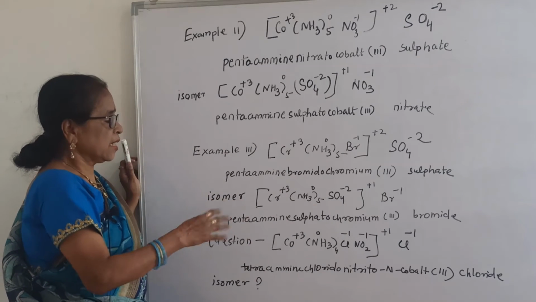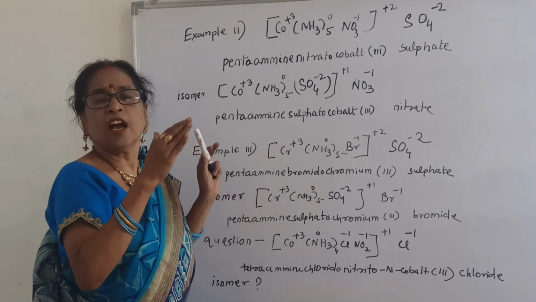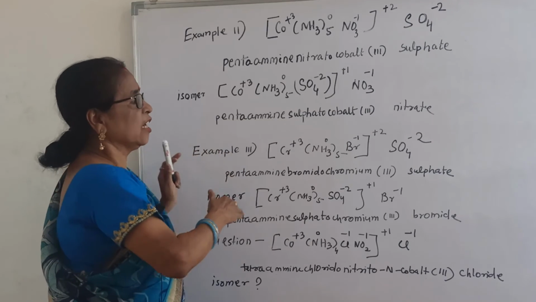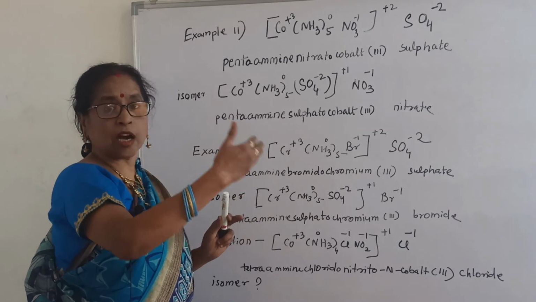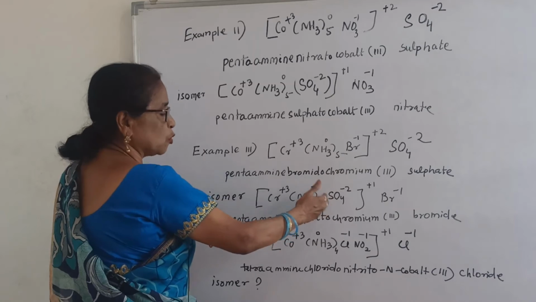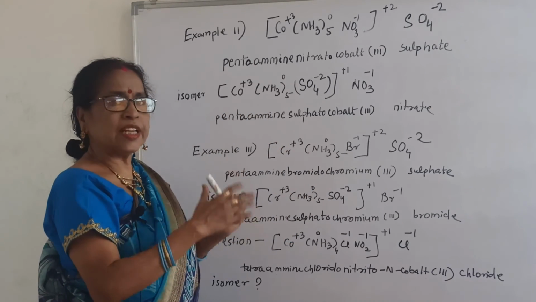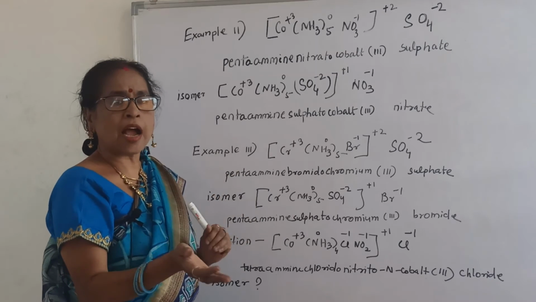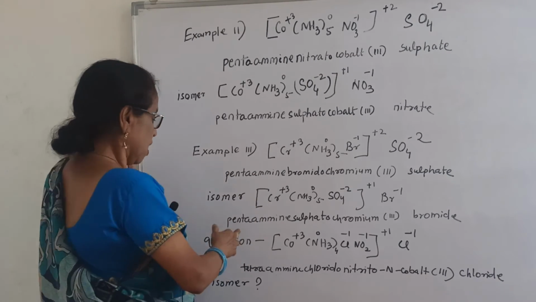What is the isomer? The bromide group which was inside the coordination sphere as a ligand goes outside, and the sulfate group which was a counter ion giving the acid radical test comes inside the coordination sphere as a ligand. That means interchange of counter ion and inside ligand.